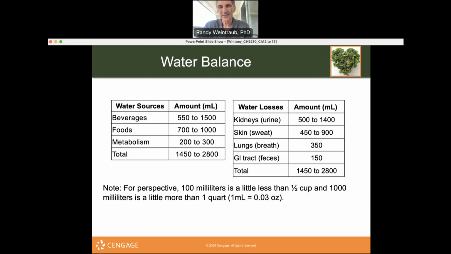Water losses, shown there at the right, are taken out by the kidney with waste, and by sweat, which keeps our body temperature under control, and even in our breath and feces.